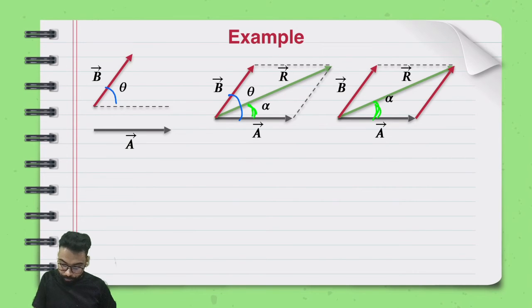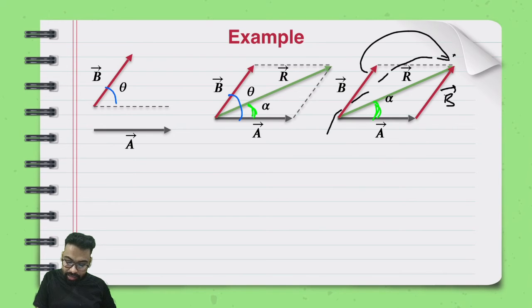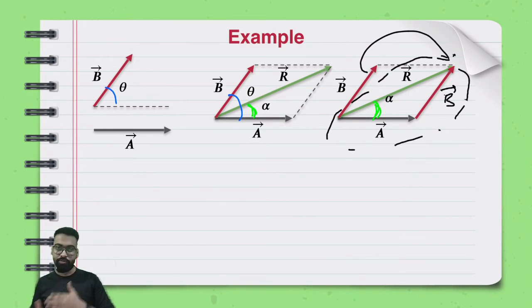If you slide the vector B from here to here, you can see that this is actually the triangle law which we have already talked about earlier. So the answers are going to be the same, be it the parallelogram law or the triangle law, and it's just you who has to see which law you are more comfortable with.